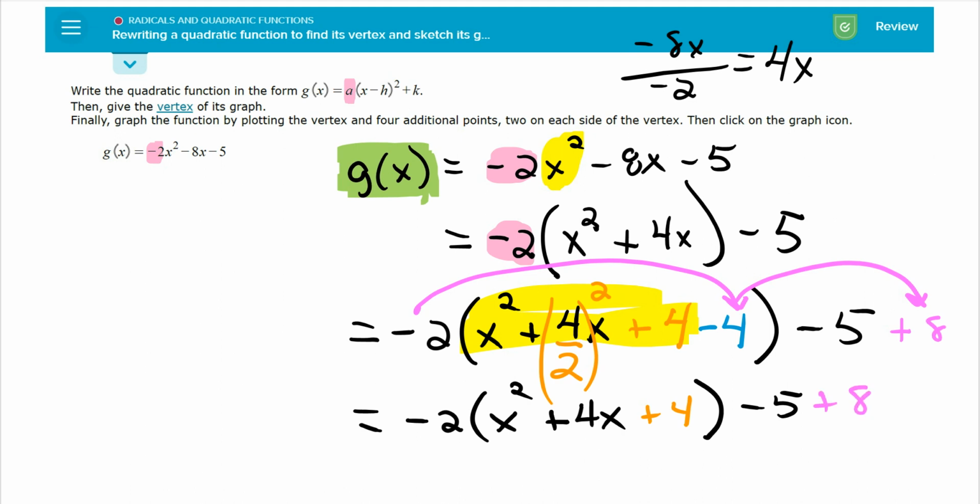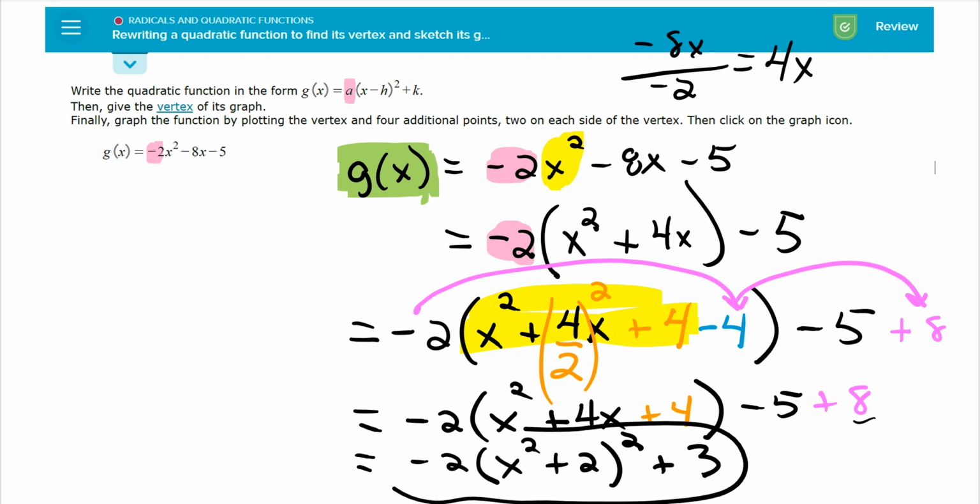And now I can finish this off. I've got -2. This x squared plus 4x plus 4 is actually an x plus 2 that got squared. And back here, my -5 plus 8 is a plus 3. And there it is in the right form.